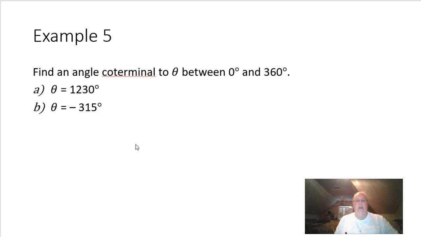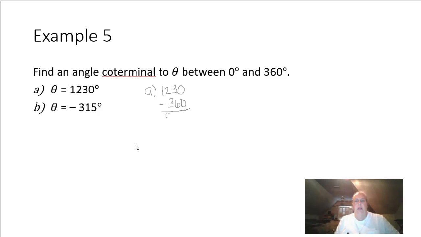Alright, example 5, we're supposed to find coterminal angles between 0 and 360 degrees. Now for A, our angle is 1,230 degrees. This is way more than 360 degrees. One thing we can do is take 1,230 and subtract 360 degrees, and keep subtracting 360 degrees until we get a number that's between 0 and 360.